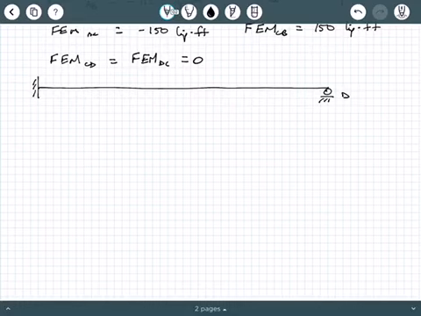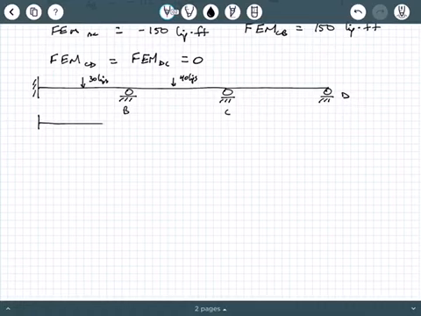There's our roller at D, and evenly spaced out. There's B. There's C. There's my 30 kips. There's my 40 kips. And EI was constant for all the members. Let's go ahead and put our dimension lines here.